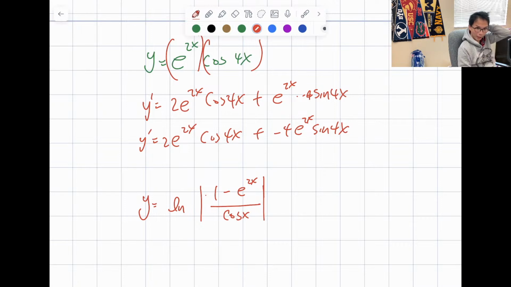But they wouldn't take points off. ln of x is going to be like this. I would just put it just in case. Like for me, the only time I really used that absolute value, there was one instance in Calc AB and one instance in Calc BC, but it's very rare. Sometimes it does come up, but it's not an often thing.